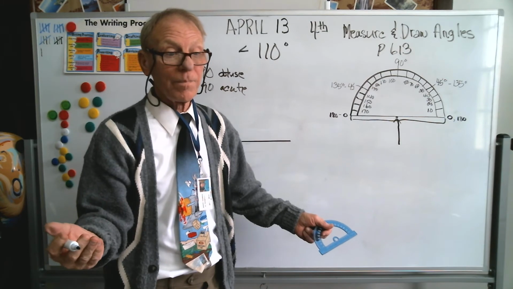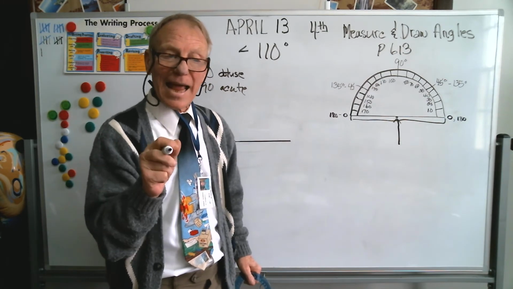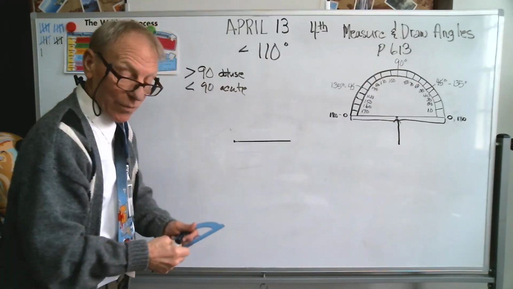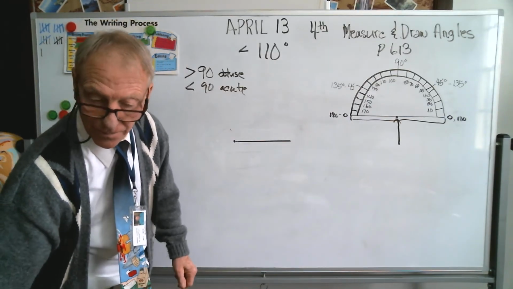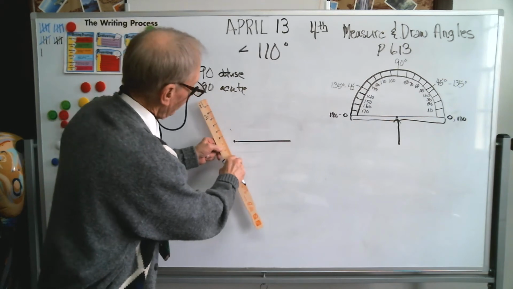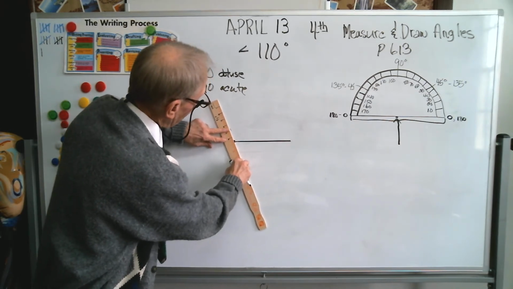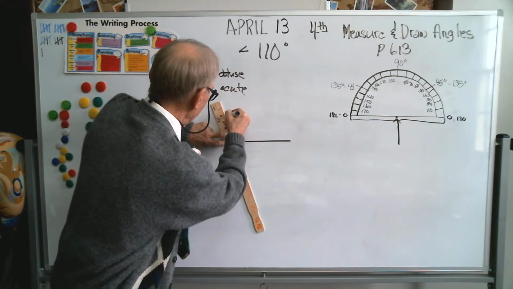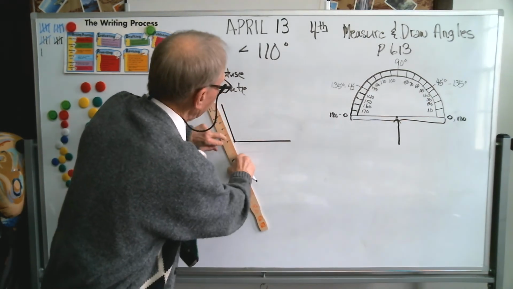It's more. So we know that the angle is going to be an obtuse angle. So when we connect our dots, remember this was 110 degrees. When we connect our dots, our angle is going to look like that.